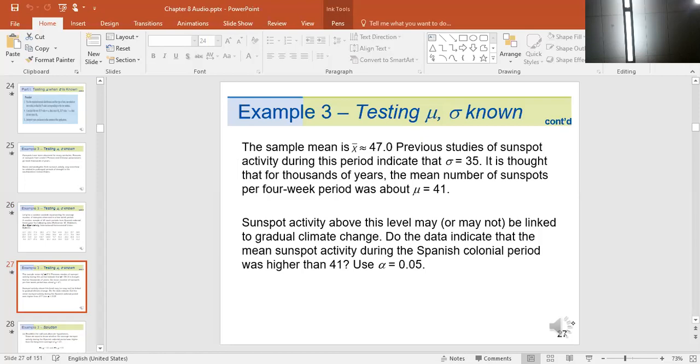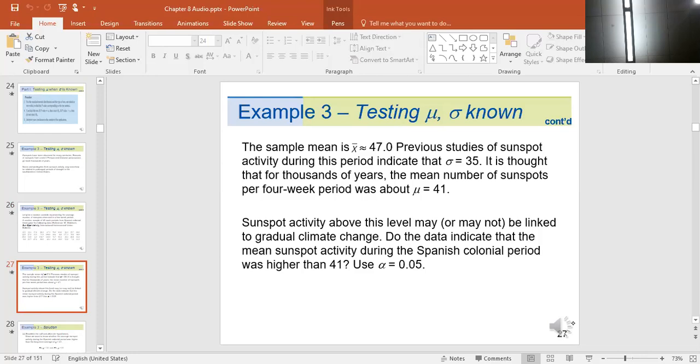So if we are asked the question, do the data indicate that the mean sun activity during the Spanish colonial period was higher than 41? Should this be the null hypothesis or the alternative hypothesis? So what do we think?